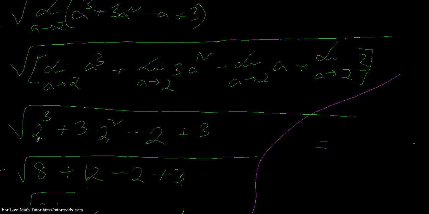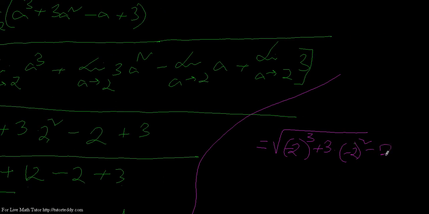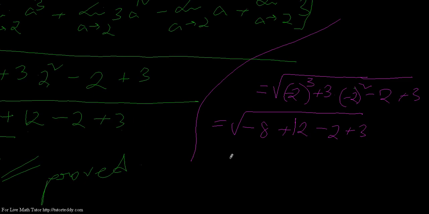Then here you would have got the square root of minus 2 whole cube, then plus 3 into minus 2 square, then minus 2 plus 3, which equals the square root of minus 8 plus 12 minus 2 plus 3.